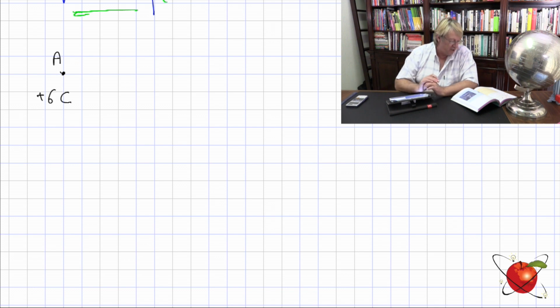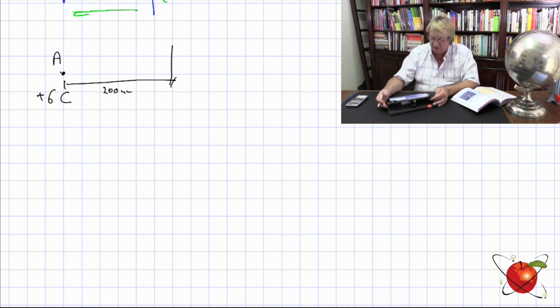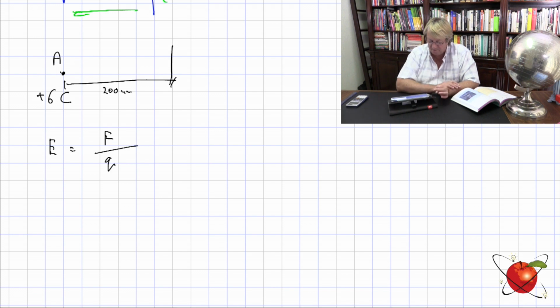Just for argument's sake, it's 6 coulombs, right? What would the field strength be over there? Let's say it's 200 millimeters away. We say electric field strength is force over charge, right?